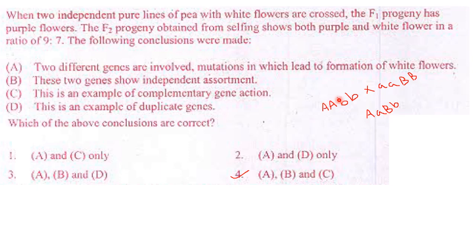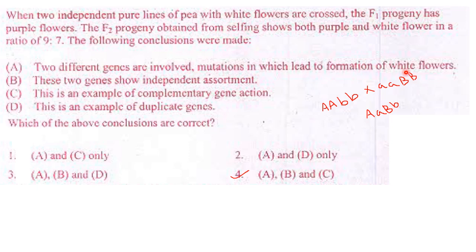So both these two different genes, capital A and capital B, are required for the formation of purple flowers, and in the presence of only one dominant gene you got white flowers. Okay, so two different genes are involved, capital A, capital B.